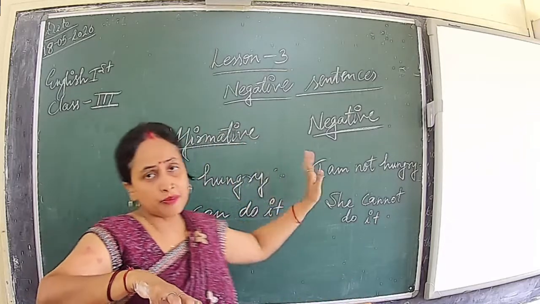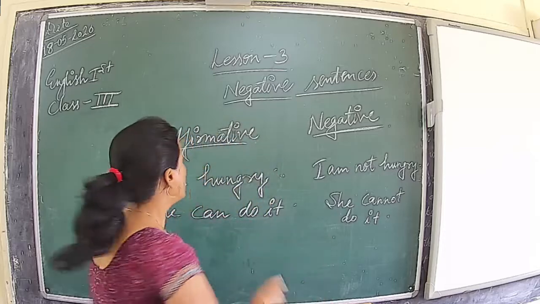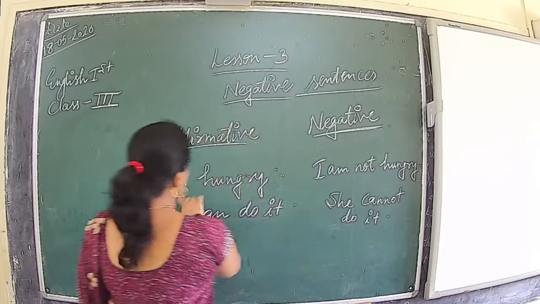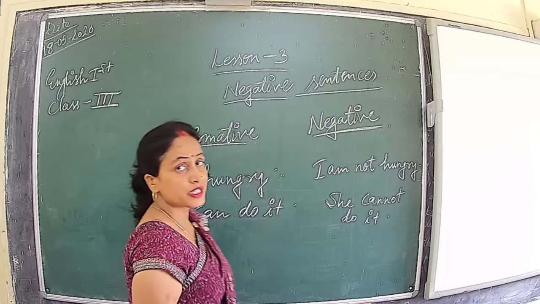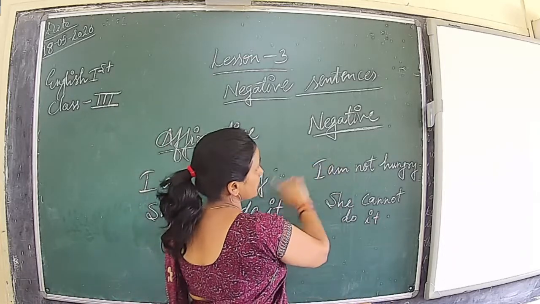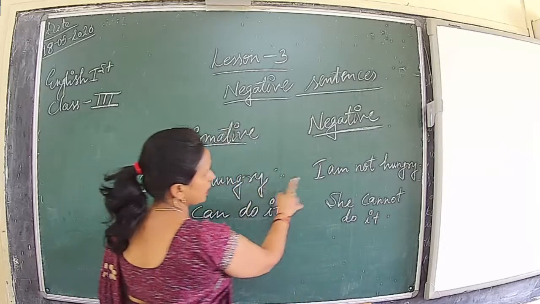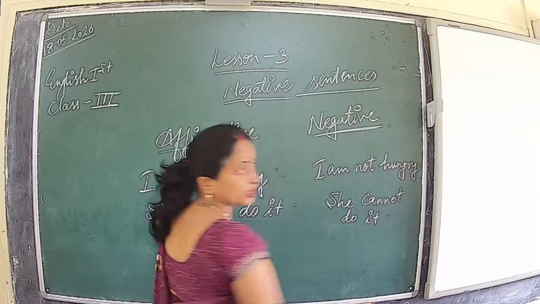Some examples are here, you see. I am hungry. This is an affirmative sentence. But when we write the negative sentence of this, I am not hungry.